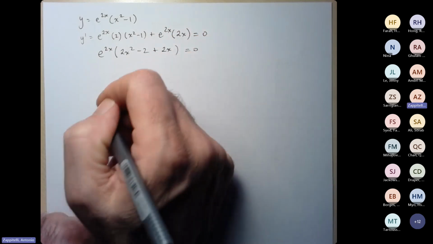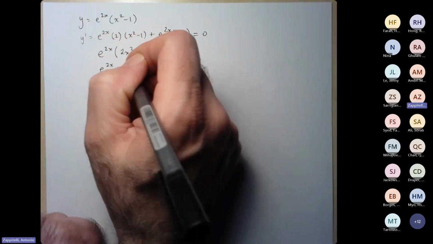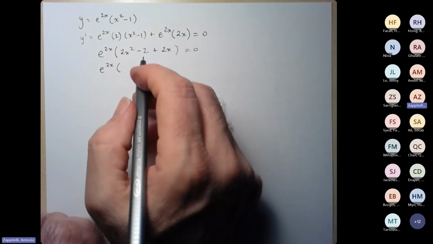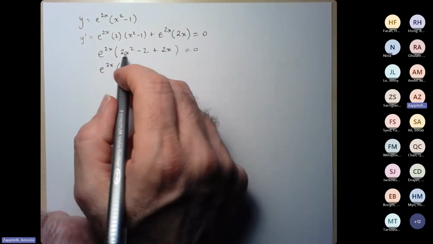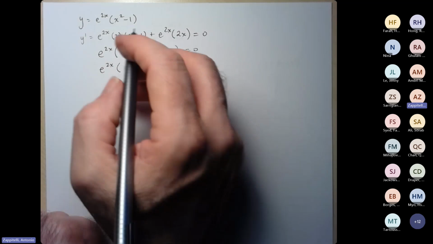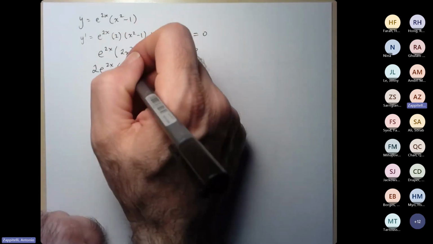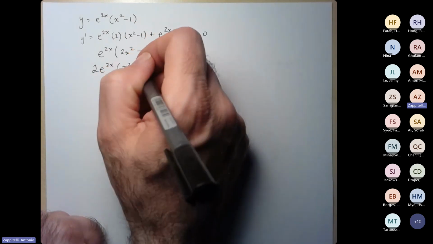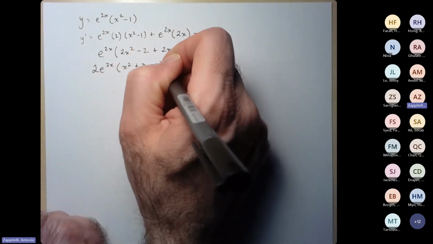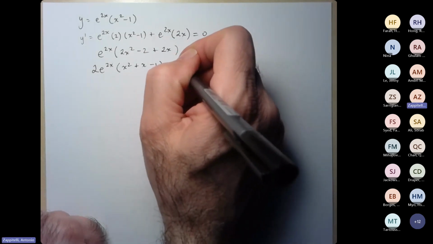And so now, let's clean this up a bit. Can we see something else that we can factor out? All right, might as well factor out the 2, make our lives easier. So what are we left with? We're left with x squared plus x minus 1 equals 0.